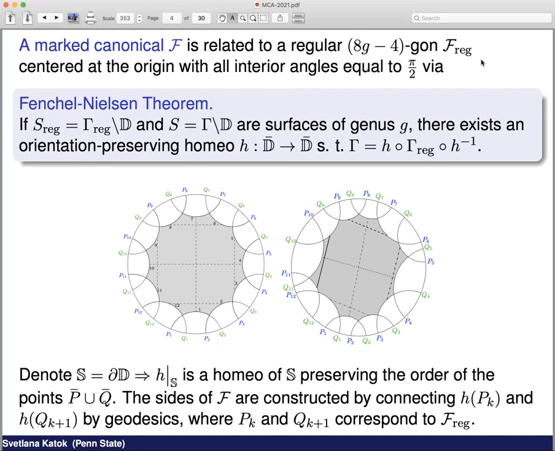This is essentially Euler's formula. So the Fenchel-Nielsen theorem tells us that if you have two surfaces, one obtained with a regular and the other with an irregular polygon, then there exists an orientation preserving homeomorphism of the closed disk, which conjugates the groups.